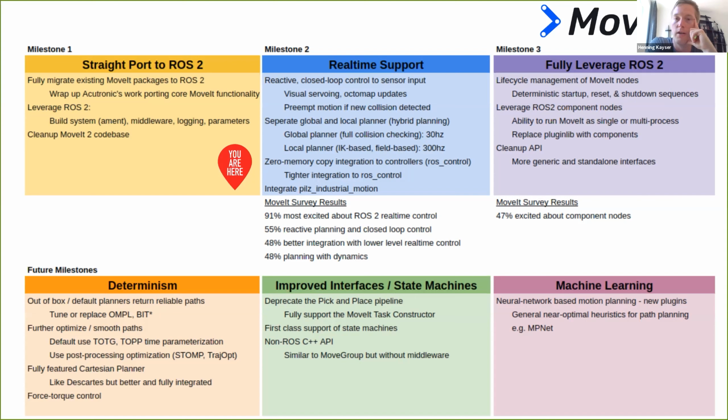So for Milestone 3, I would estimate 6 months. For Milestone 2, I would say the reactive closed loop control will be done first. Probably takes maybe 3 months. And after that, the global and local planner, for that, it's really depending on if we find good and functional setups and combinations of planners that really work the way we intended to. Okay, thank you very much.